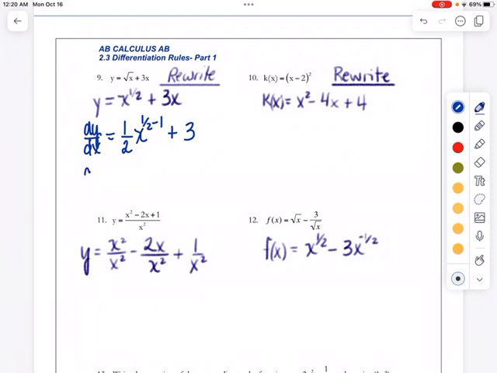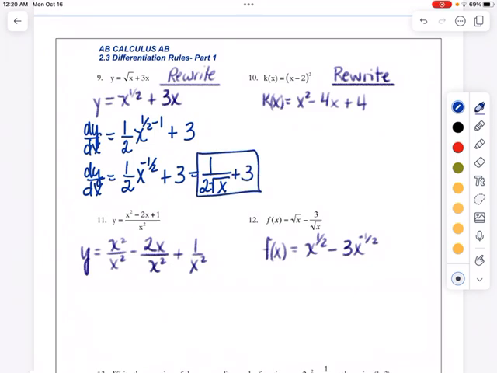And then we have dy/dx is equal to 1/2 x to the negative 1/2 plus 3. And we could write that, I'm just going to fit it in right here, as 1 over 2 square root of x plus 3. And I box that up right there.